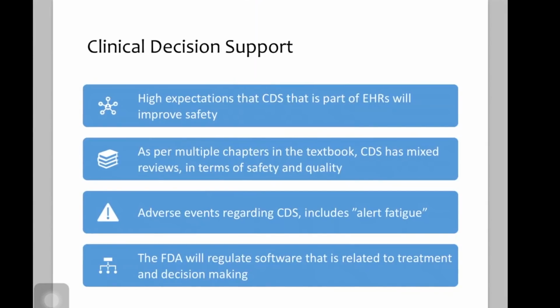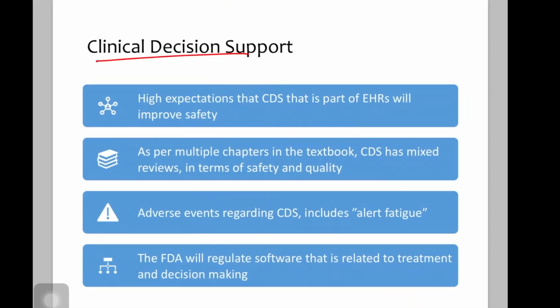It could give alerts to doctors, to the patient, to the pharmacist, to the people involved in the entire healthcare sector. But just relying on that and believing that the clinical decision support system is the silver bullet is not a good idea. It is not a complete solution at all.